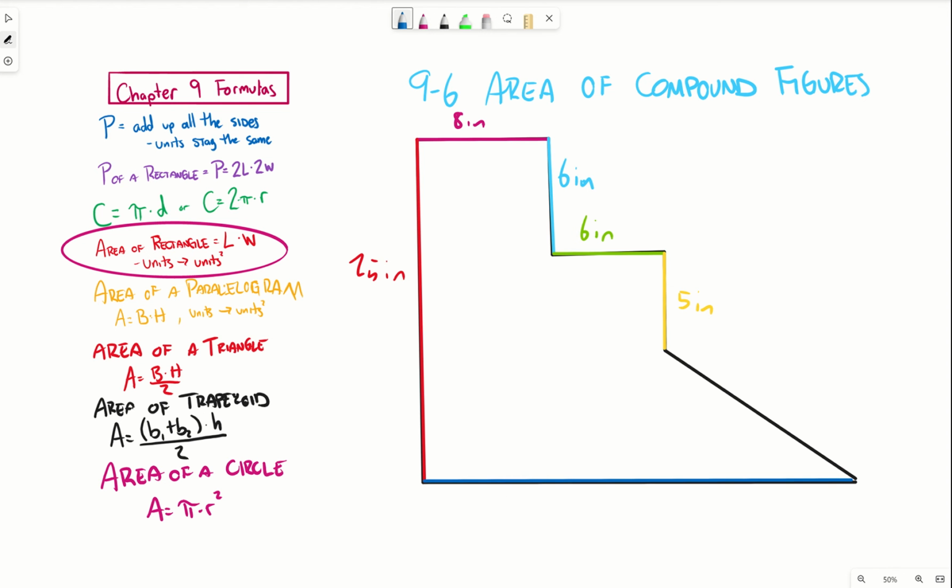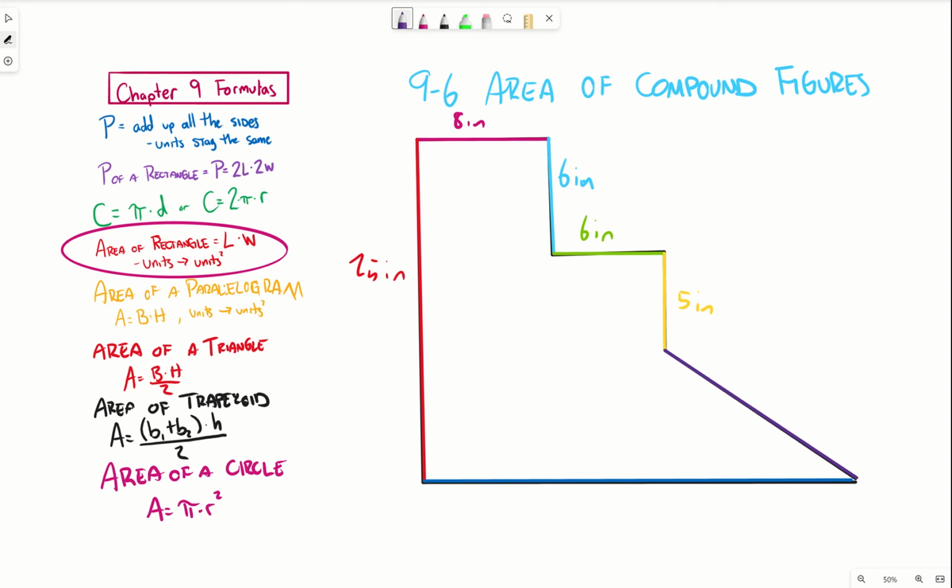Now, we have a missing side here, which isn't that important for us because we don't necessarily need to know the width or the length of this line of our triangle. But we do have some things that we do want to know.